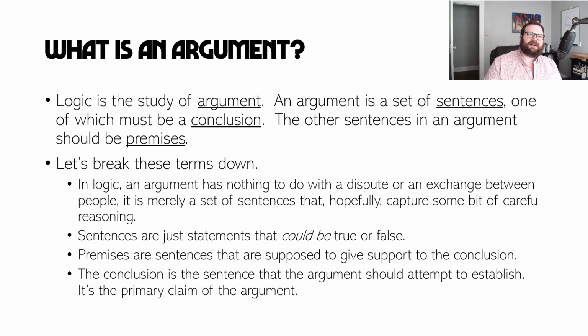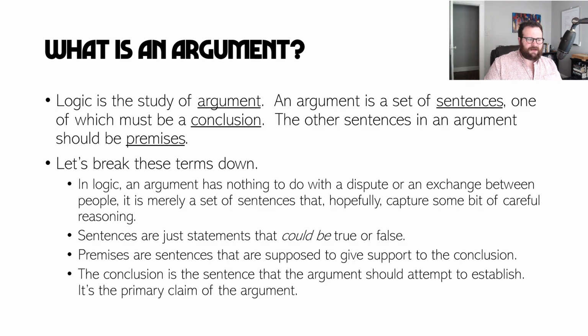So a sentence or a statement gets to count as a sentence even if it's not true, even if you couldn't imagine it being true, right? If it's possible that it could be true or false, it gets to count as a sentence. We'll look at some examples later so you have a better idea of what fits as a sentence and what doesn't.